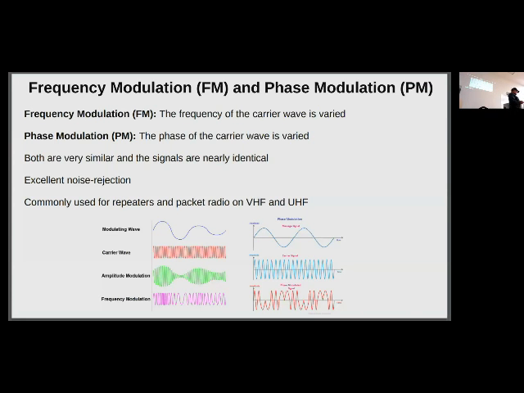Okay, I've already kind of talked about FM. So here's FM and PM. Again, you're really only going to run into FM for the most part. And we talked about why we listen to FM stations. That's this noise rejection.